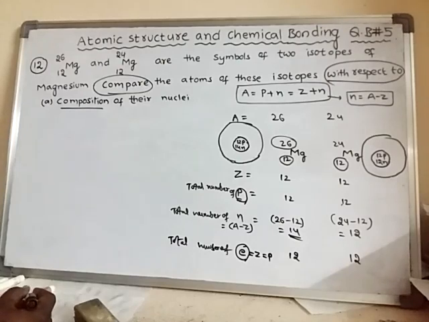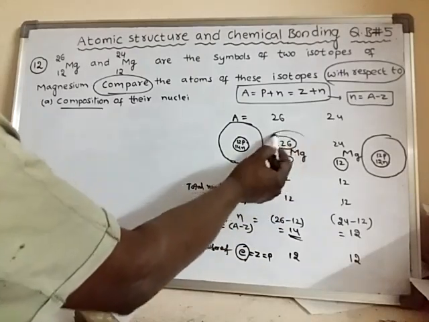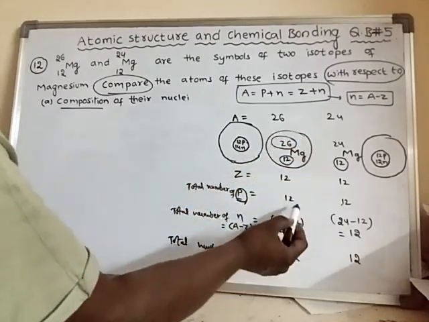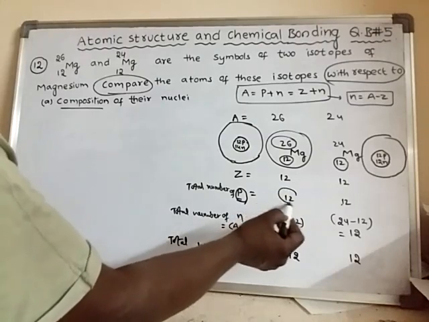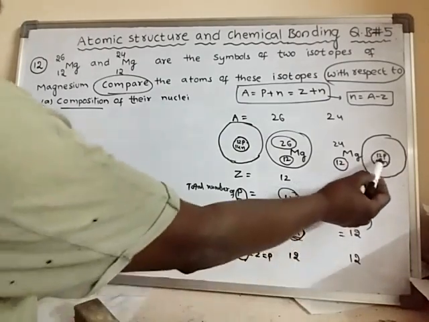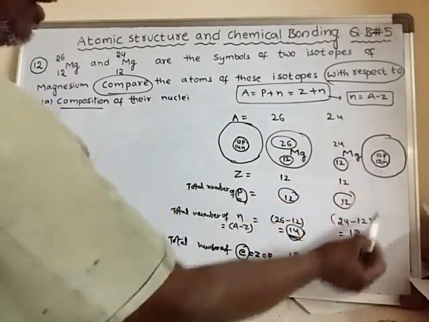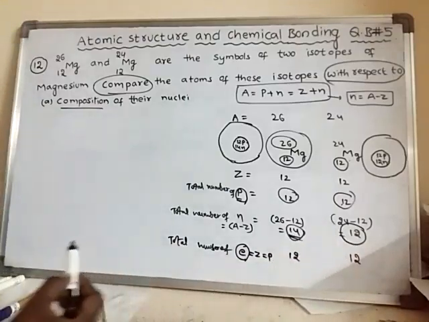How many protons are there? The nucleus of this isotope has 12 protons and 14 neutrons, but the nucleus of this isotope contains 12 protons and 12 neutrons.